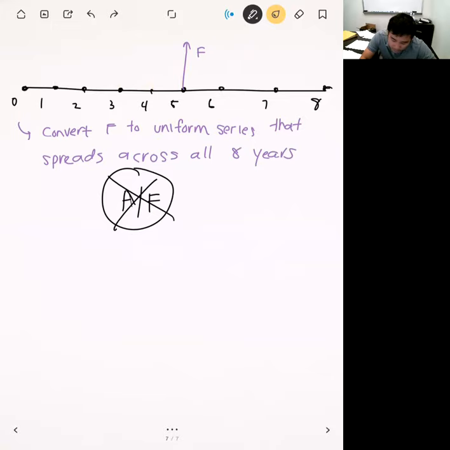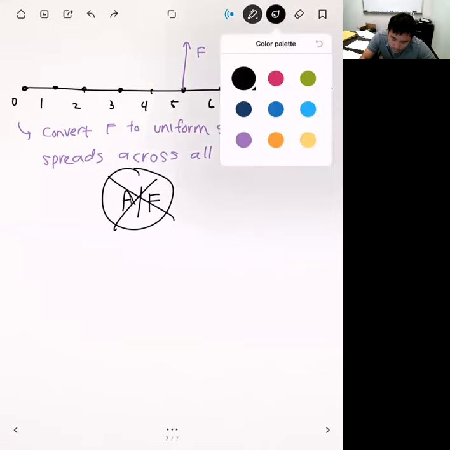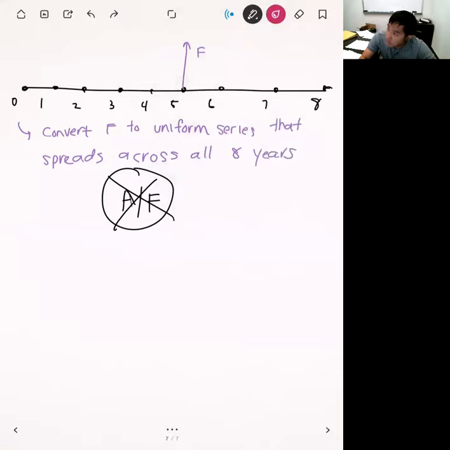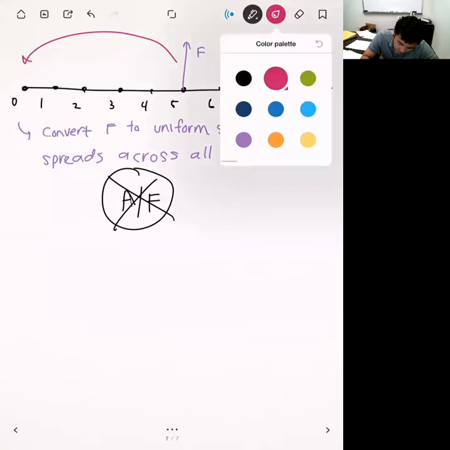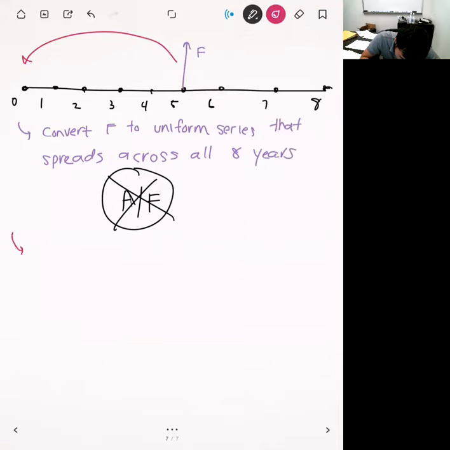And so just like we did for all the recurring ones, we're going to need to do multiple conversions here, okay? And so the first conversion that we can do is take this F and convert it back to year 0, okay?